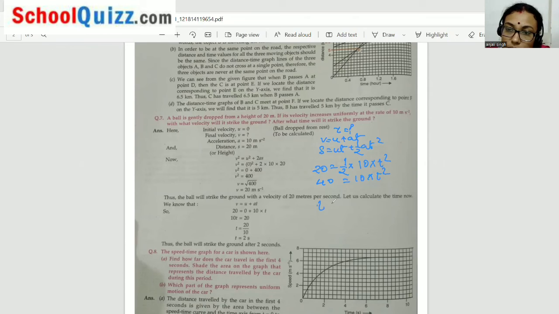So t square is equal to 40 by 10, that will be 4. So t is equal to 2 seconds. Here also you got 2 seconds, and here also you have 2 seconds.